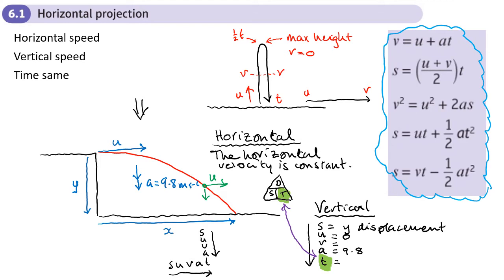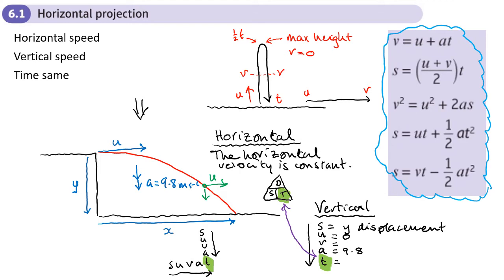Can you see the time is the same for both? So time horizontally and vertically is the same. So once you've worked out the time for one, horizontal or vertical, you can use it in the other.